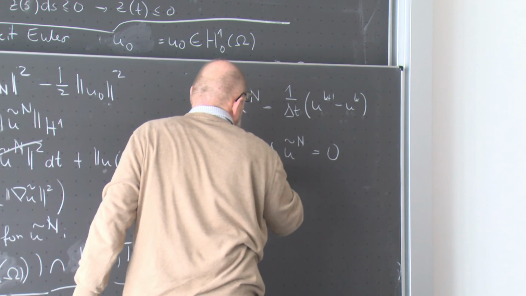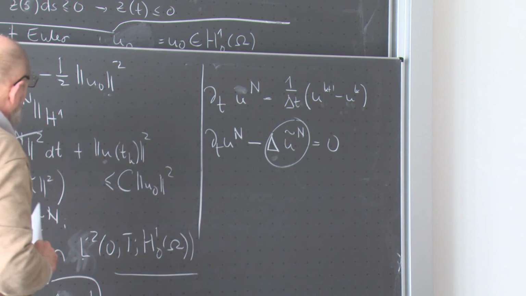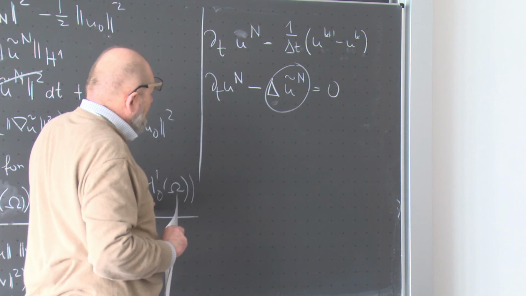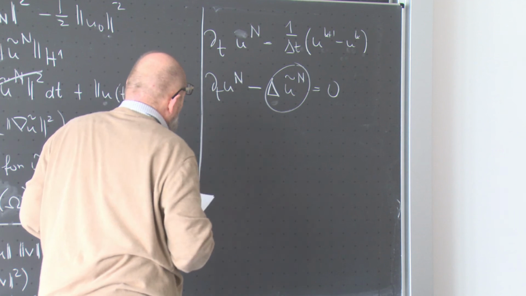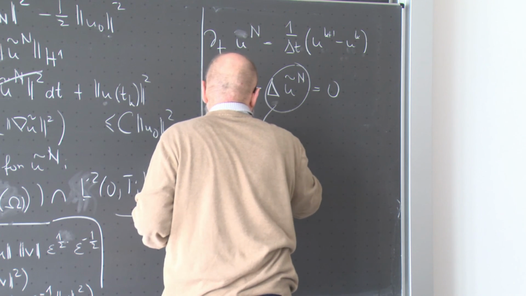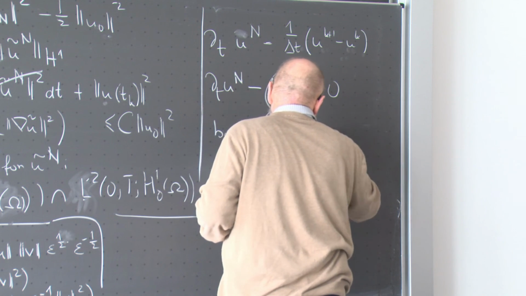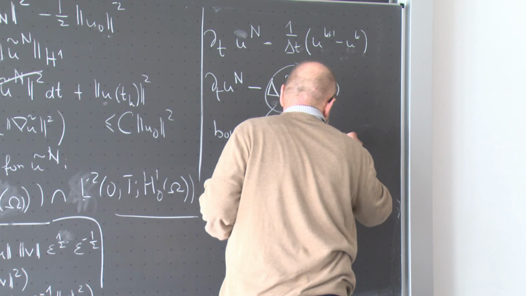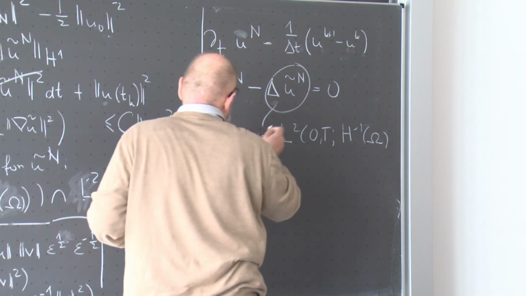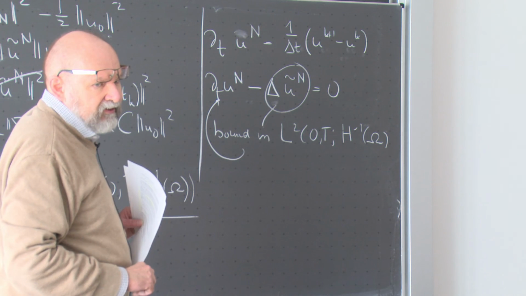What kind of bounds do we have for this type? For the first derivative, we have a bound in L2. That is what's stated here. What we have here is a bound in the dual space, L2(0,T; H^-1). And because of this identity, we also have a bound in this space for the time derivative.